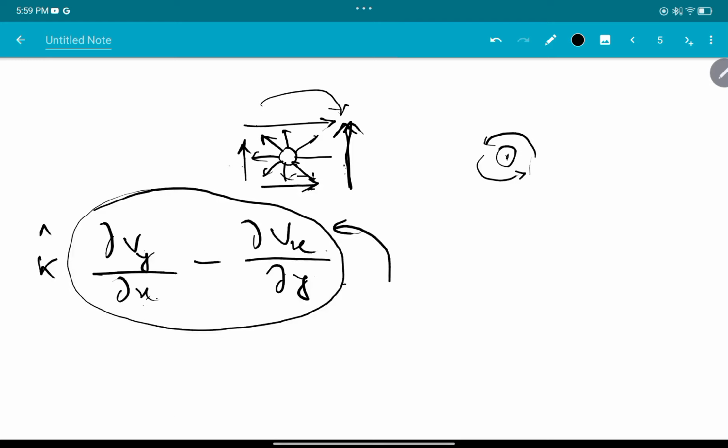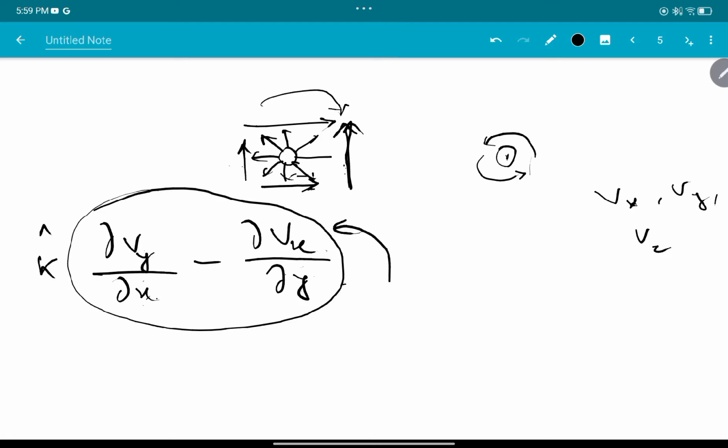Similarly, if you have a vector field that has three components, Vx, Vy, Vz, then you can calculate its tendency to turn around all three axes. For example, when you calculate the tendency to turn around the z-axis, you get this, and there is no z here.